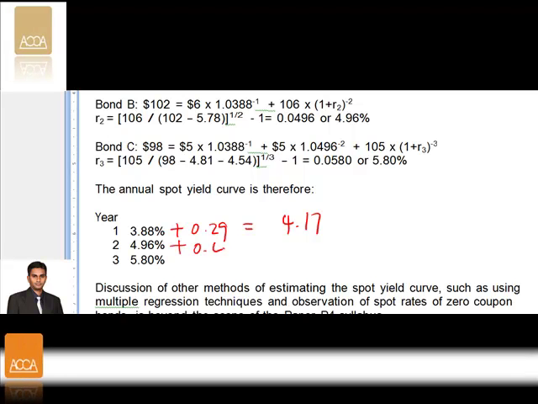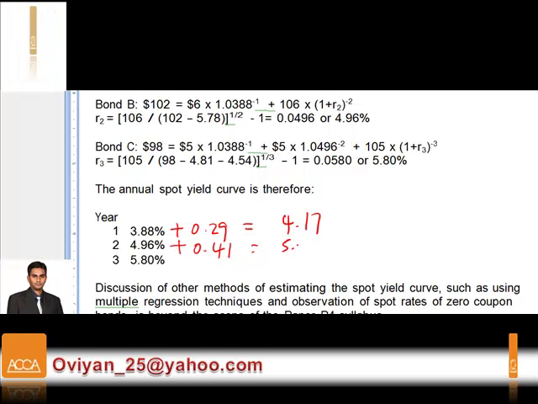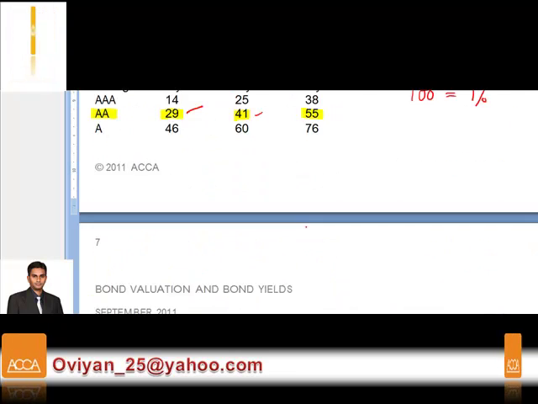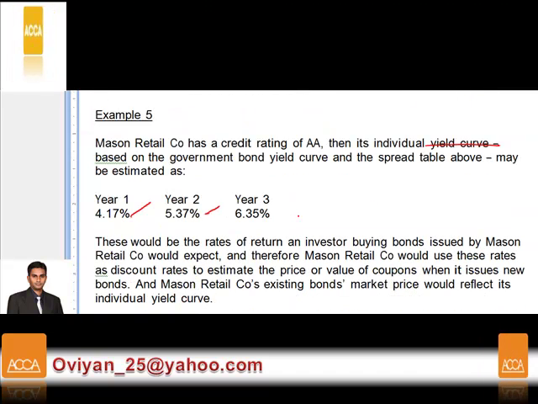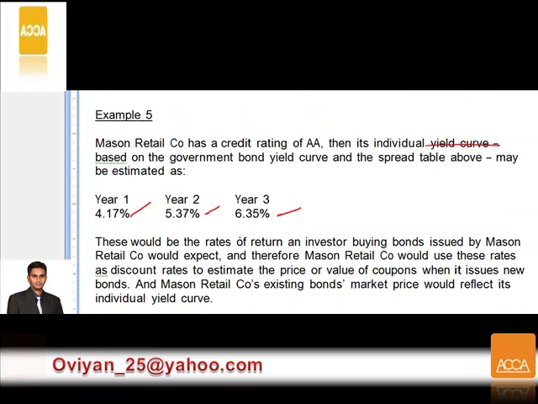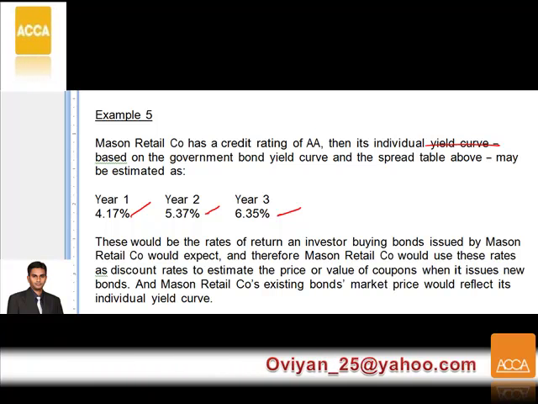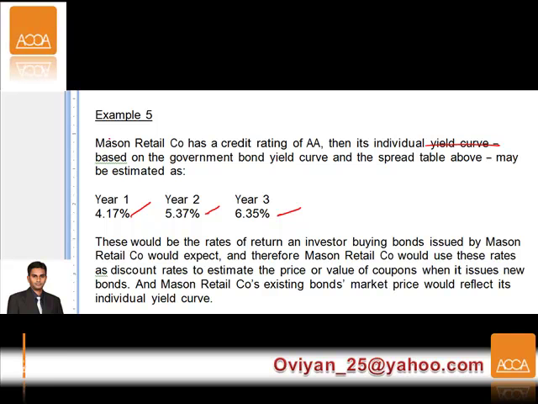So you add 0.41, and you're going to get 5.37, and so on and so forth. And this is how we will calculate year 3. Add the basis points together and you're going to get the yield for this company called Mason Retail.